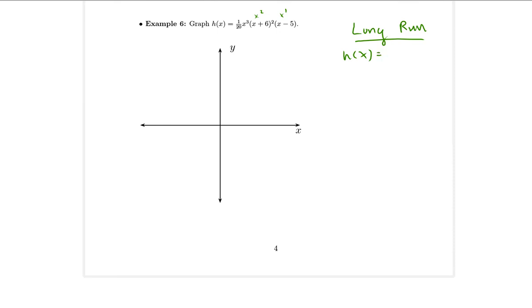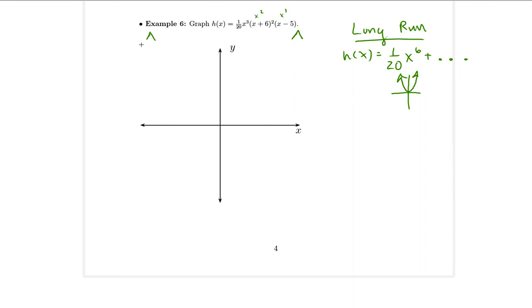So this will be 1/20th x to the 6th plus a bunch of other stuff, right? So this is the behavior of this graph in the long run, which is, well, since it's x to an even, it's this. All right? Okay, so I know then I'm starting up here and I'm ending over here, right?